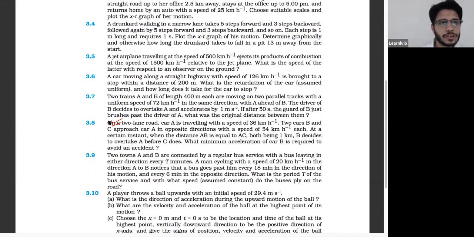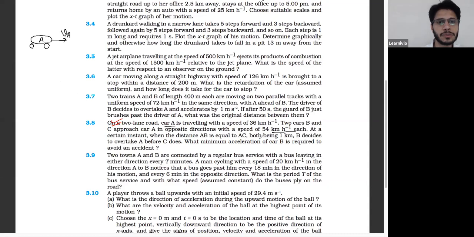So the question says, on a 2-lane road, car A is traveling with a speed of 36 km per hour. So let's say this is car A. It's traveling with a speed of 36 km per hour. So let's say this is VA. Then 2 cars B and C approach car A in opposite directions with a speed of 54 km per hour each.